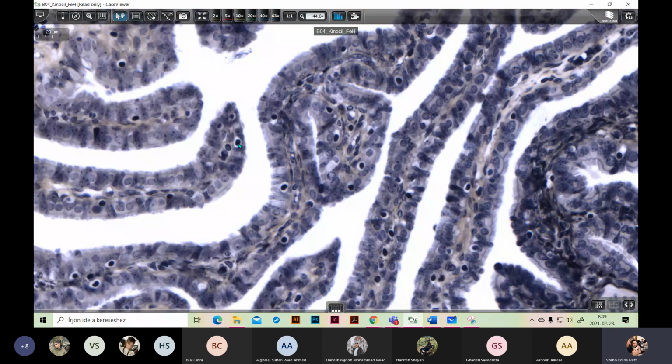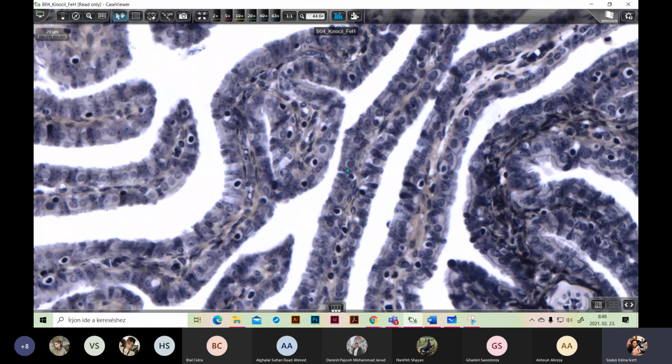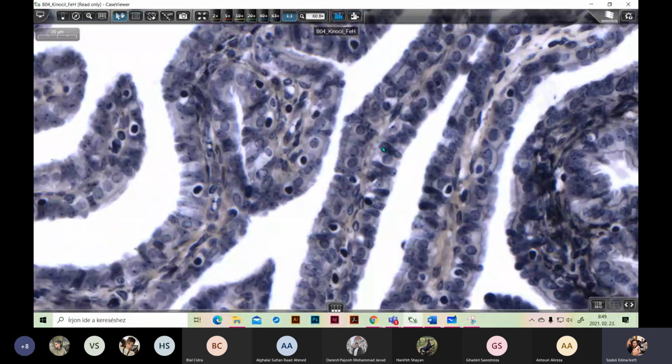This is a lymphocyte. Okay. And please tell me what is this? Which type of cell? This is a PEG cell because it is darker. It doesn't have kinocilia, and it is reaching the surface and is longer than the side cells.